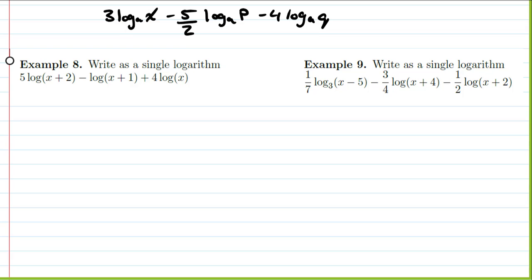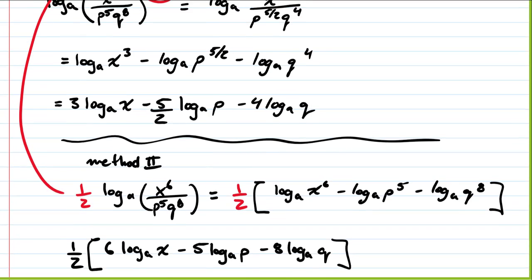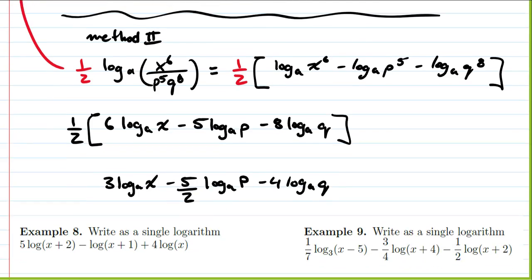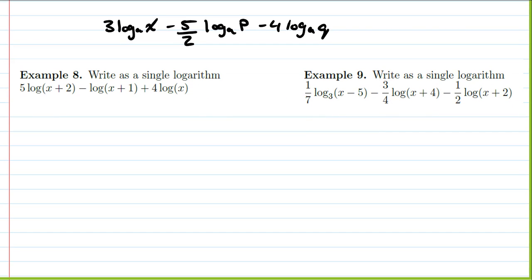So based on some of our observations from above, we noticed inside our logarithm, things that were in the denominator ended up with minus signs, and things that were in the numerator had positive signs. So taking a look at these three logarithms, positive, negative, and positive. So we're going to have one thing in the denominator and two things in the numerator. Before we can apply either the product or quotient rules, we need to move all of our exponents back in.